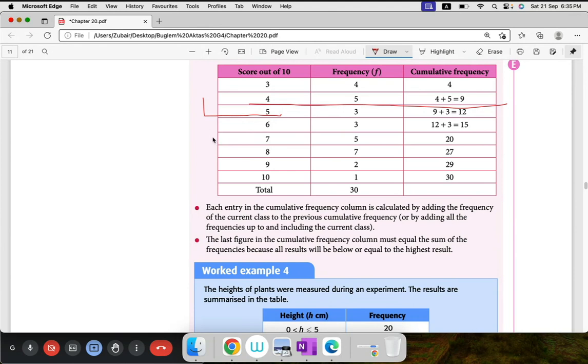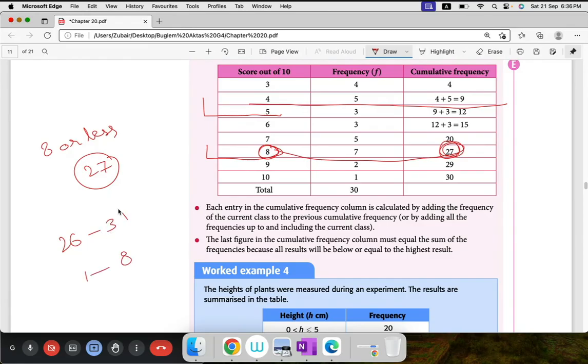So there were 9. How many of them scored less than 5? There were 12. So if I ask how many scored less than 8 and someone answers 27 people scored either 8 or less. Now 8 or less are 27 people. So I don't know, actually, maybe 26 scored only 3 and one of them scored 8.